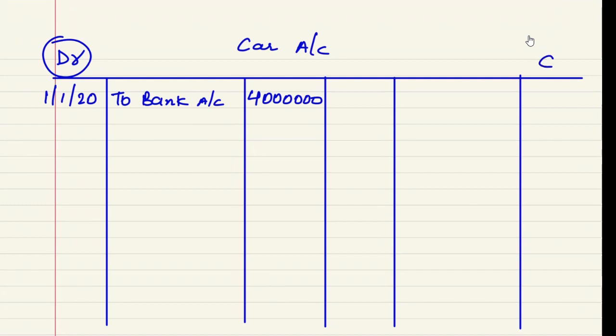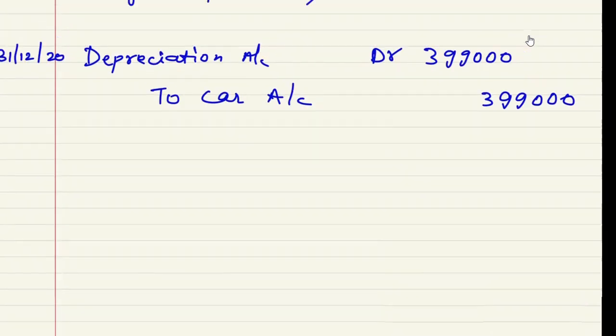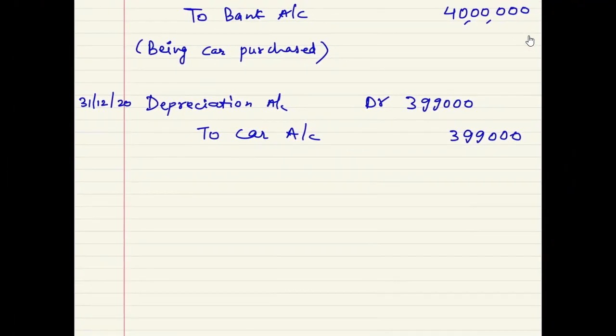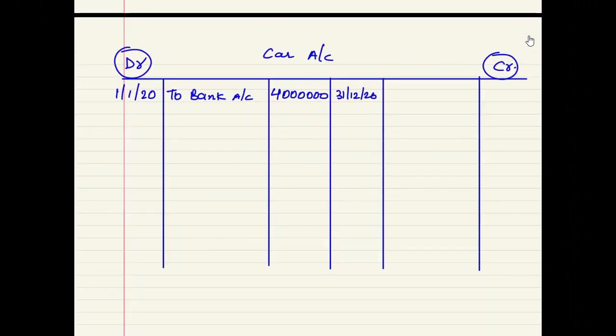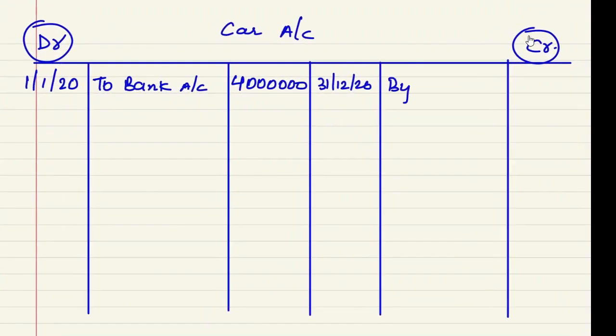Okay. Now I have purchased the car, so I have written on the debit side. But at the year end, when the value of car will fall down by depreciation, so what I will do on 31st of December 2020, this entry will be passed. My car account is being credited. So on the credit side of the car account, I will write it is credited because of which account? Depreciation account. So here I will write on the credit side by depreciation account 3,99,000.